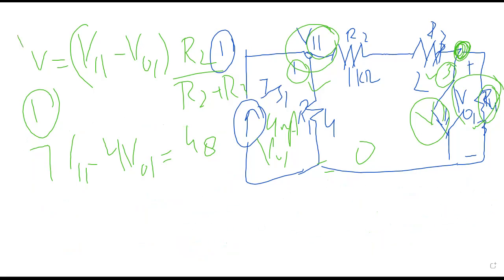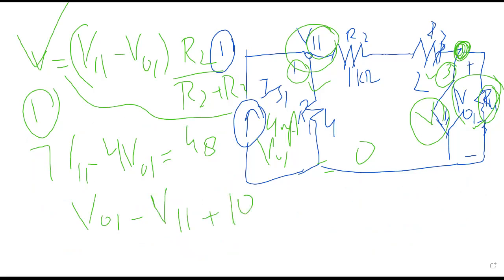The primary equation is this one, okay? So remember this equation. So this equals V01 minus V11 plus 10 times V11 minus V11, this is minus V01 plus V01 equals 0.